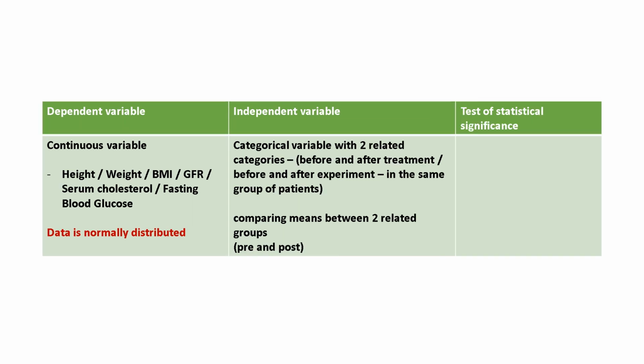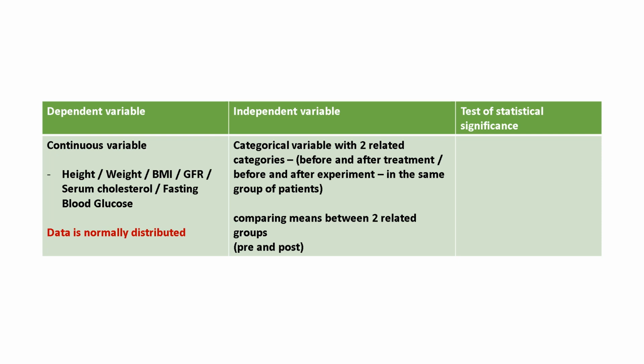Now, another scenario. The dependent variable is continuous, as before, can be height, weight, BMI, glomerular filtration rate, serum cholesterol, or fasting blood glucose. And the data is normally distributed also.